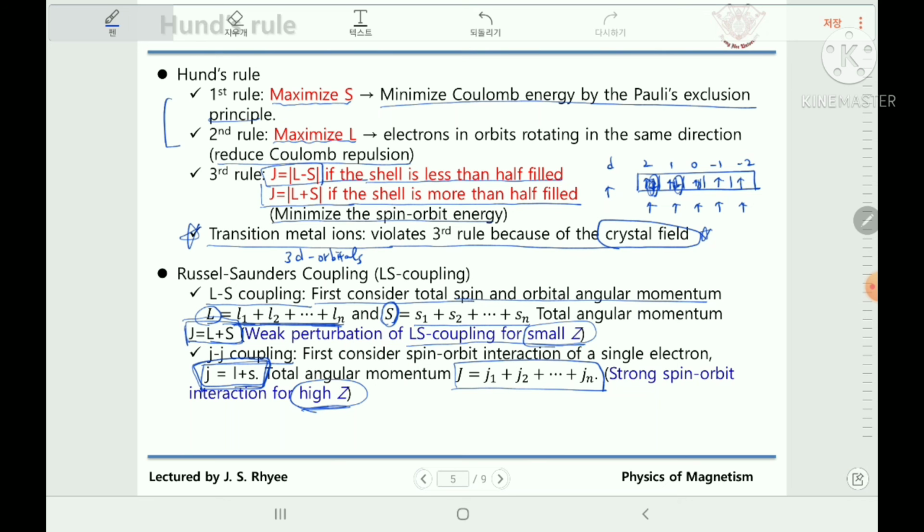Therefore, it is a high Z interaction. High Z materials have a strong spin-orbit interaction. It gives rise to the individual coupling first, and then the total angular momentum is the summation of each total angular momentum like this.